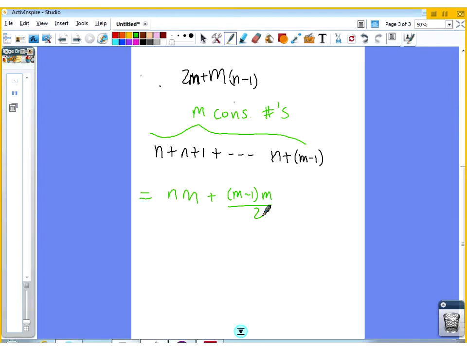So that would be it. If you want to find out if a number can be written as a sum of consecutive numbers, any number like this can be written as a sum of m consecutive numbers. Which I think is what you had. So this would be completely in general.